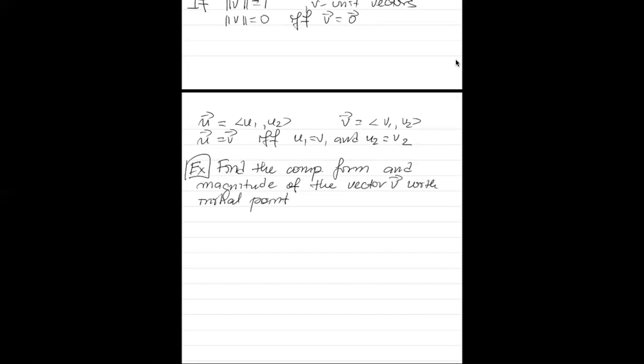So example, find the component form and magnitude of the vector v with initial point 4, negative 7 and terminal point negative 1, 5.